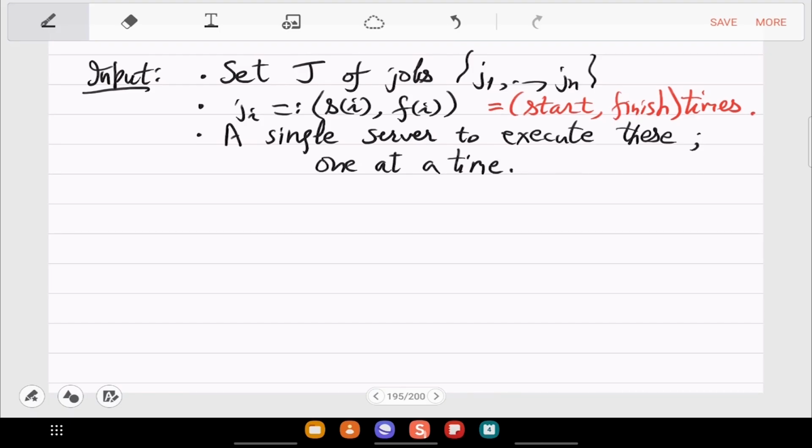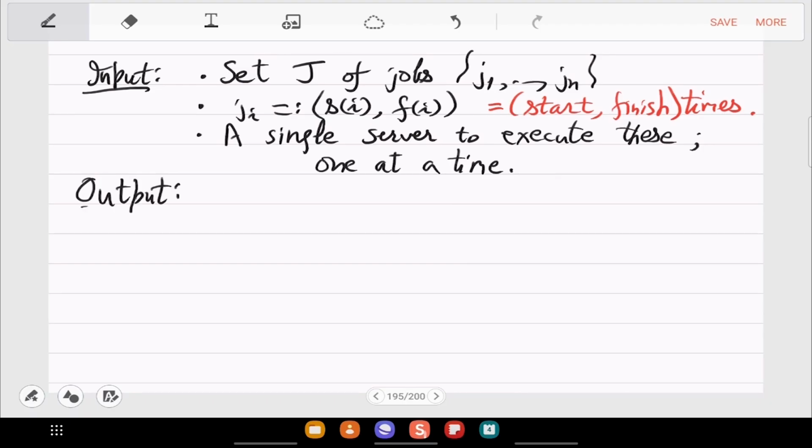Obviously, once the start time is missed by the server, then the job cannot be executed. Either the server has to start executing the ith job exactly at Si, or it has to forget the ith job and move on to the next possibility. That is the interpretation of the input.